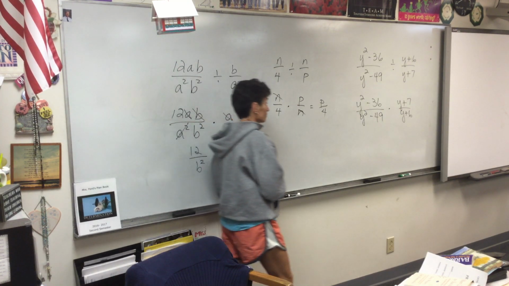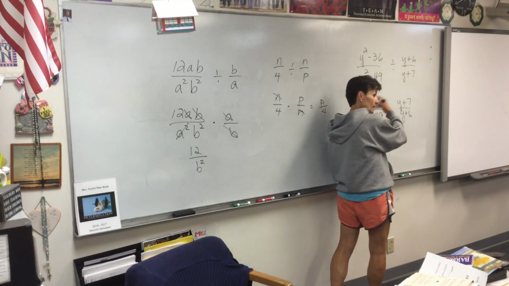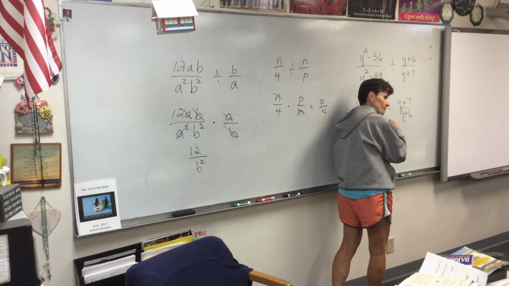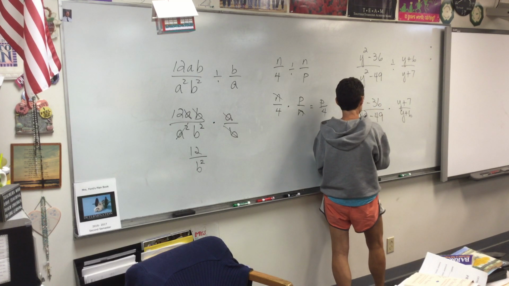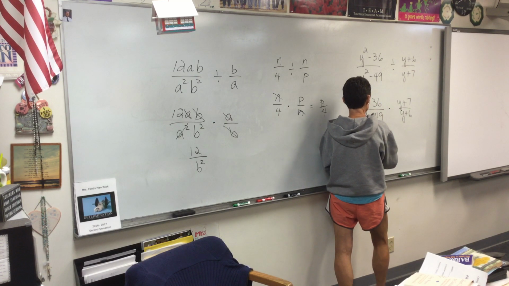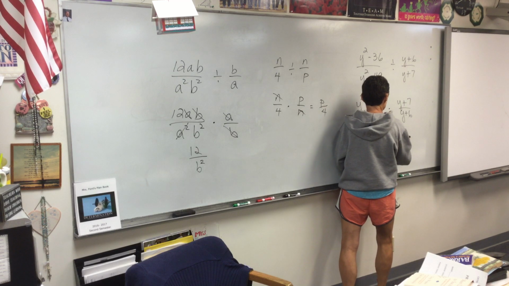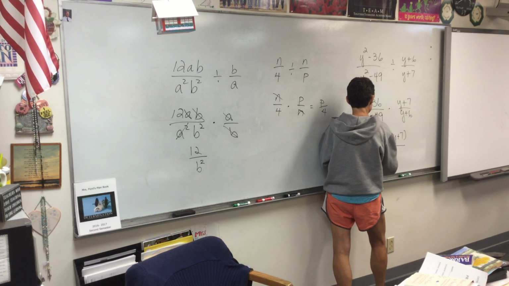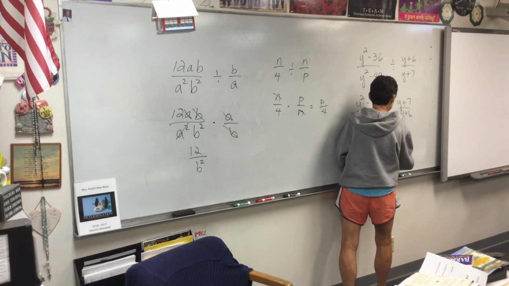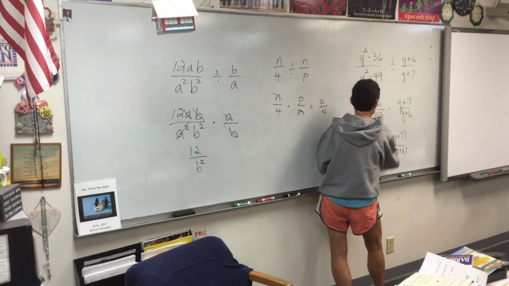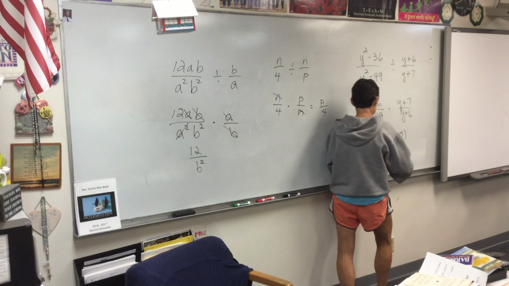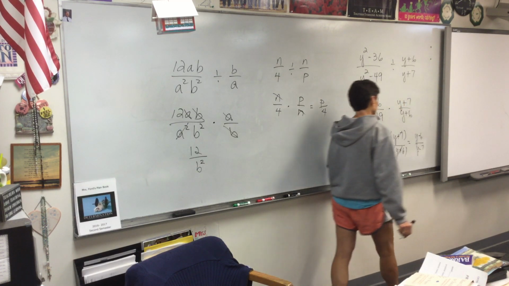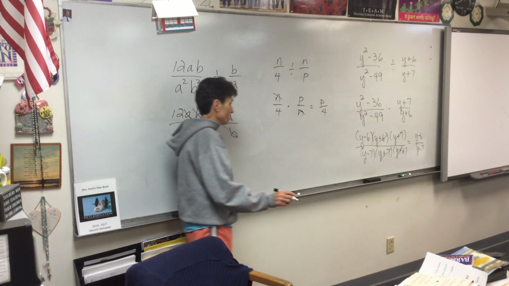One side is all differences of squares. I gotta factor. Yep. Remember, you can't cancel until you factor, right? So we're gonna factor y minus 6, y plus 6, y minus 7, y plus 7. And then we end up with y minus 6 over y minus 7. Boy, those are fun.